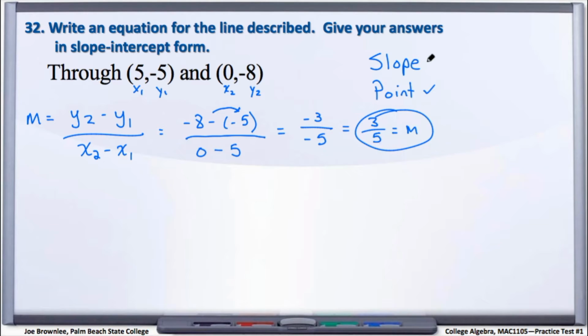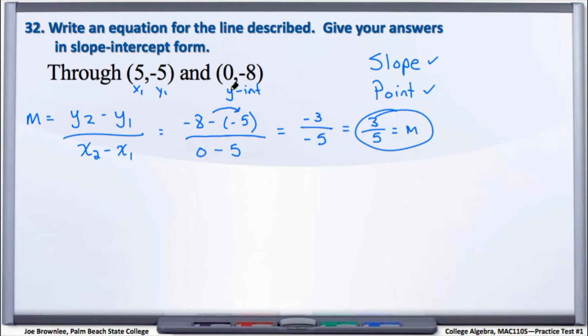All right, so now we have a slope and we have a point. Let's write the equation for this particular line. Normally what we would have to do is use the point-slope formula. And of course, we could do that here if we wanted to, except let's make our lives a little easier. If you notice, this particular point, (0, -8), is in fact the y-intercept, because the x from the point is 0, right?